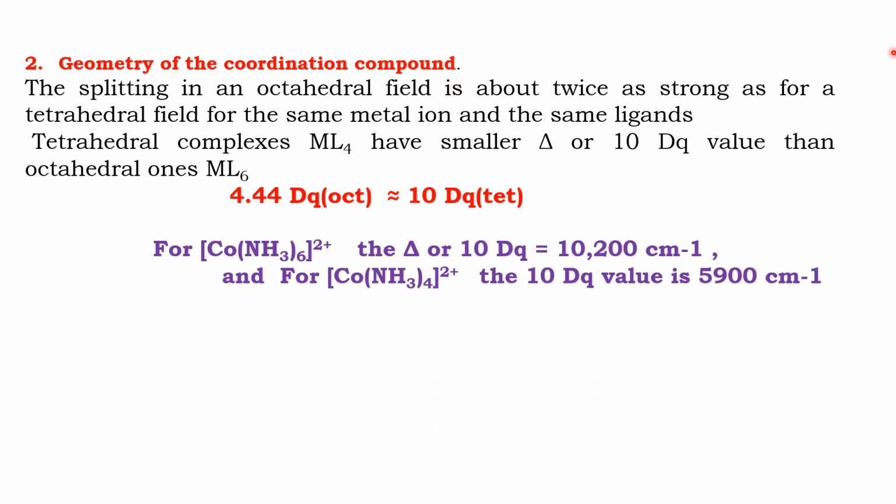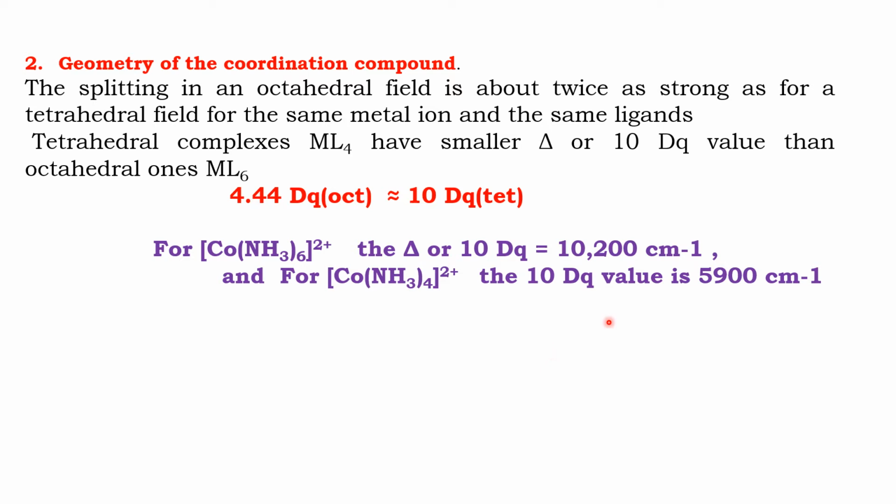See here, I am taking two compounds. One is [Co(NH3)6]2+, 2 plus oxidation state. Another is the same compound, but it is a tetrahedral compound, [Co(NH3)4]2+. So the metal is the same, the ligand is the same, the oxidation state is the same, but one is an octahedral complex and another is a tetrahedral complex.